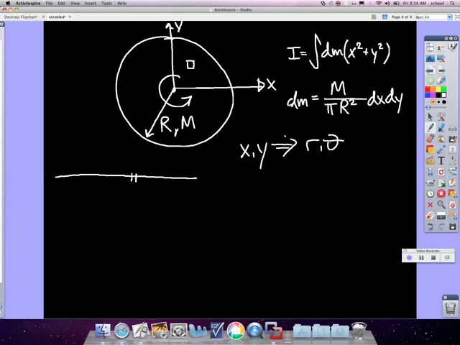On our little circle here, our r vector comes out like that to the coordinate r. And then theta, since you always want orthogonal bases, our theta axis is going to be like that.